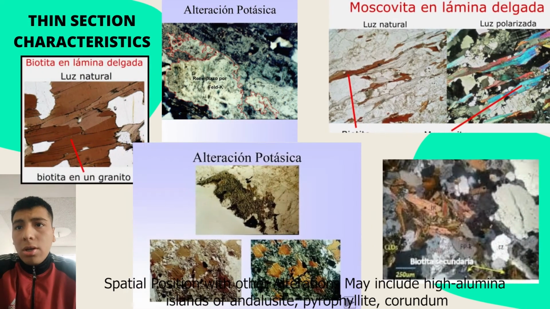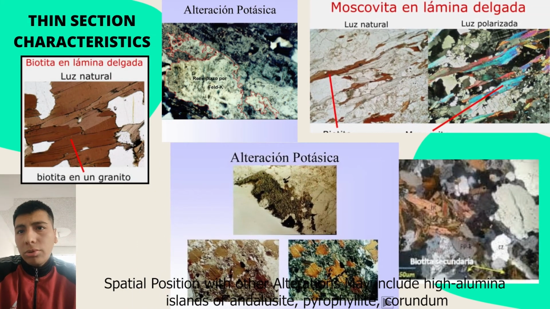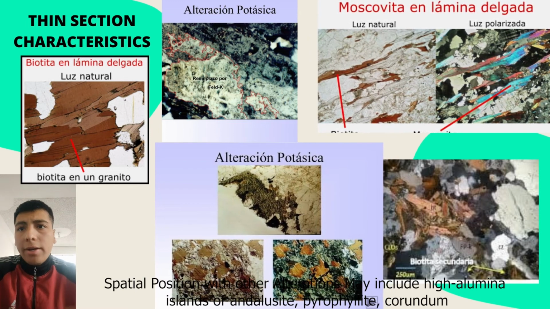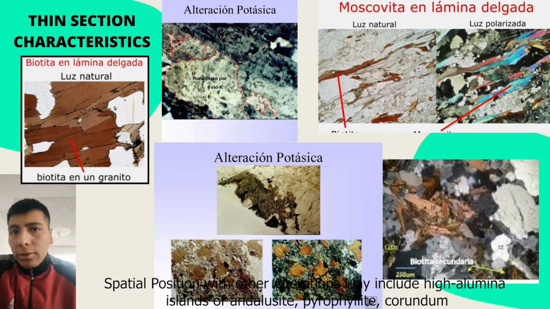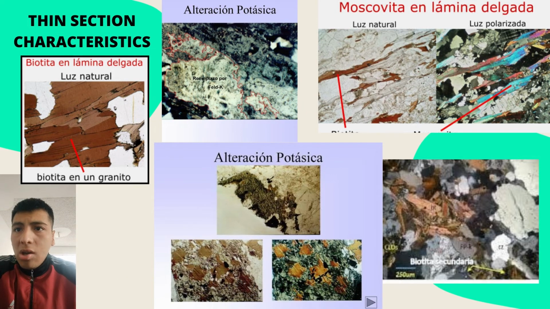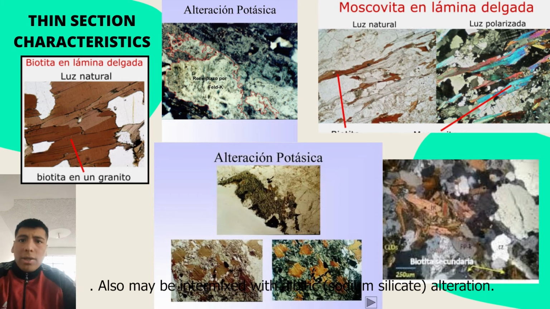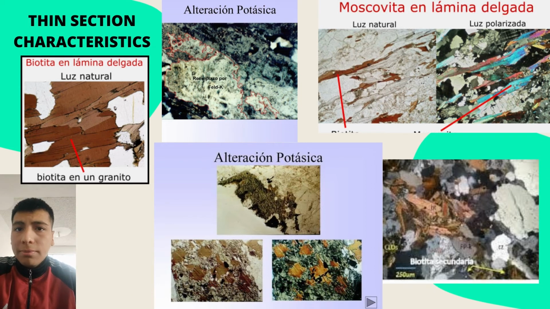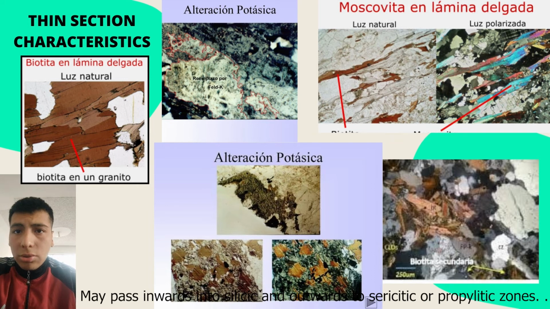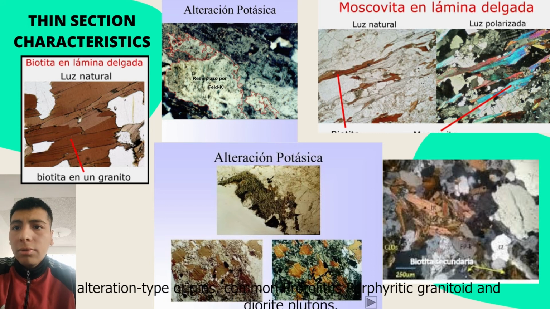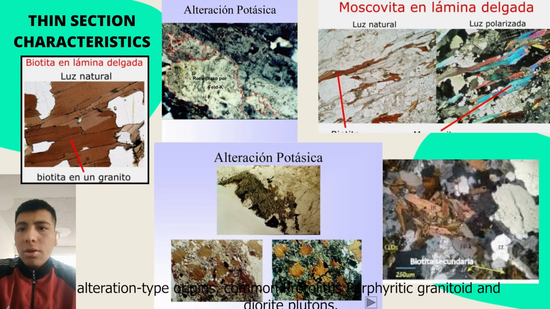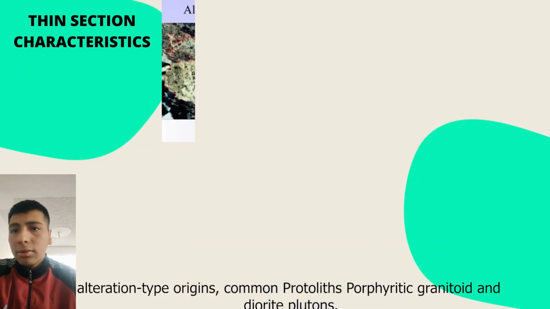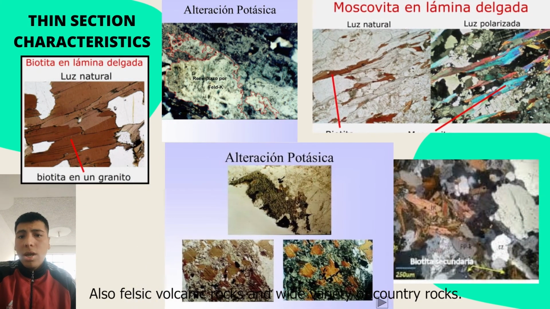Alteration main goals: high aluminum, corundum. Alteration types of porphyry: granitoid and felsic volcanic rocks.